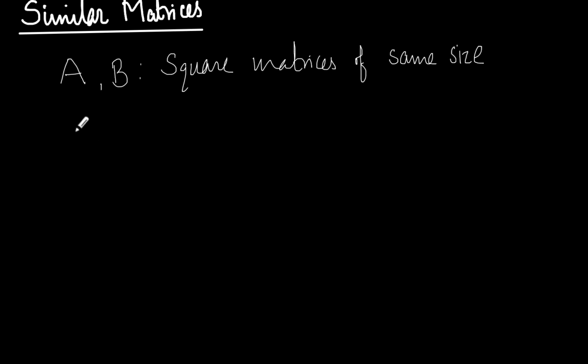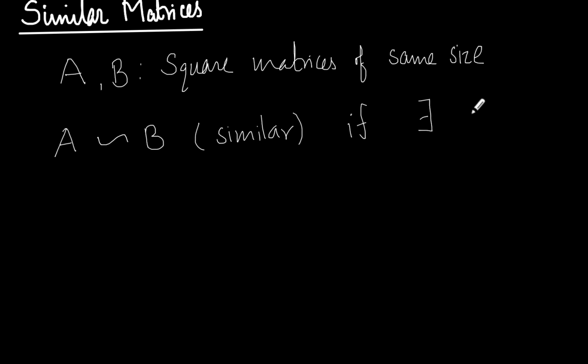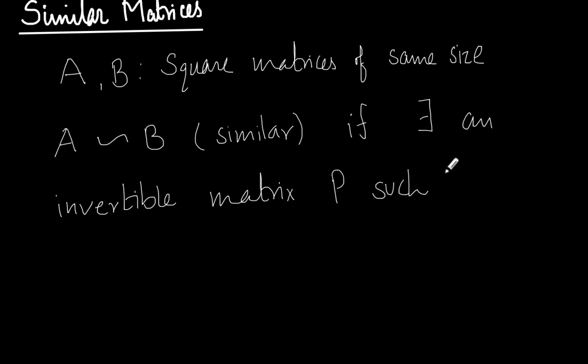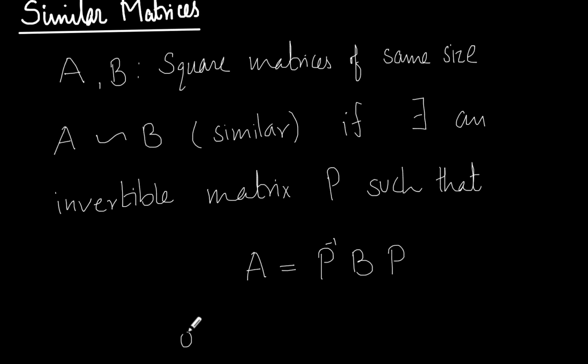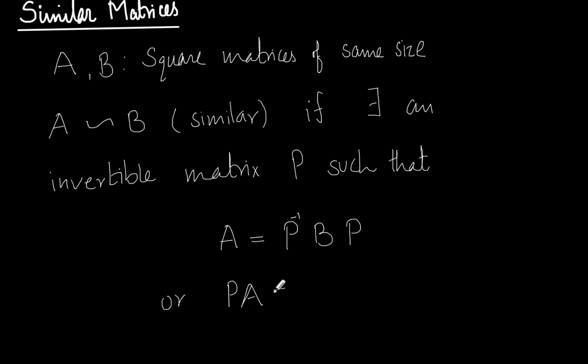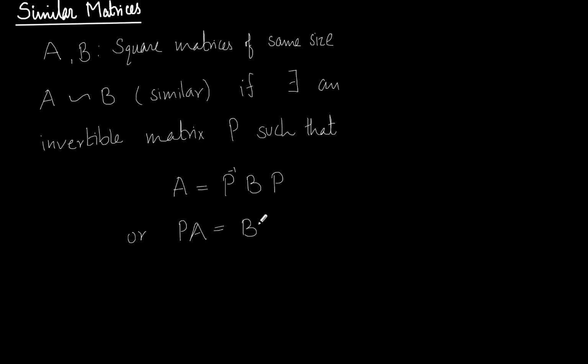Then we say that the matrix A is similar to B. This is the notation we will use for similar matrices, if we can find an invertible matrix P such that this condition is satisfied: A is equal to P inverse B P, or if you multiply by P, you will get PA is equal to BP inverse P, which will be equal to BP.